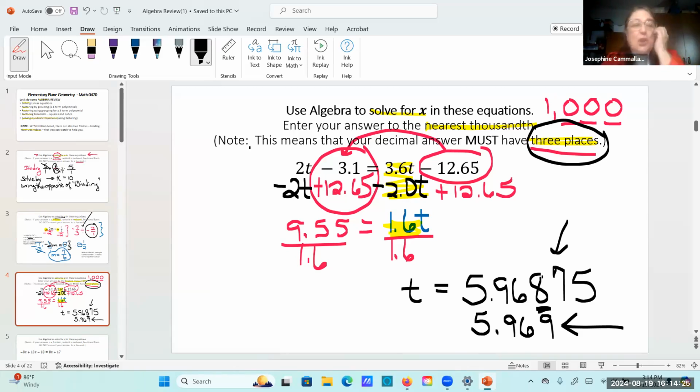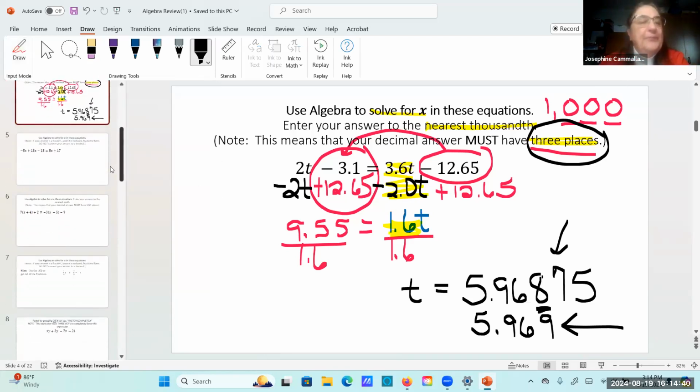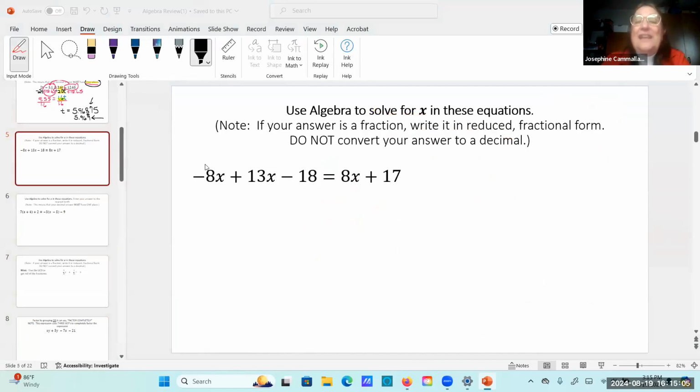Now, are there any questions with this? Okay, here we go. Now, I want to see in the chat room, and that means everybody gets to respond, okay? What is the value of x for this problem? Okay, and I'm going to bring it over here.